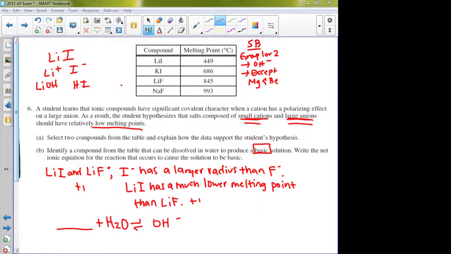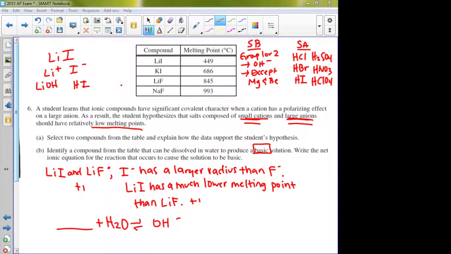Let's go ahead and go over our strong acids right quick. What are our strong acids? HCl, HBr, HI, H2SO4, HNO3, HClO4. Those are our 6 strong acids.